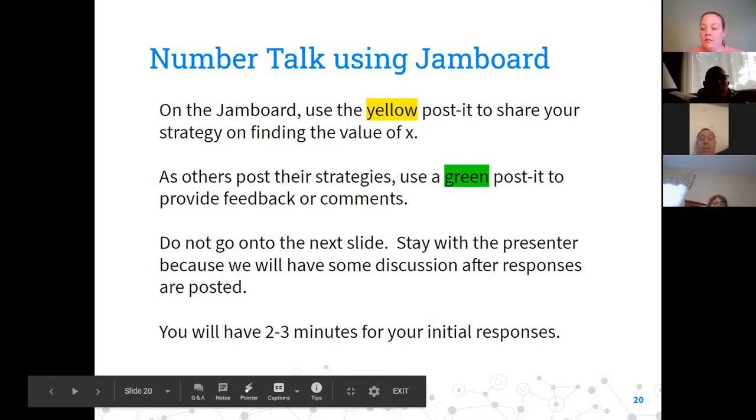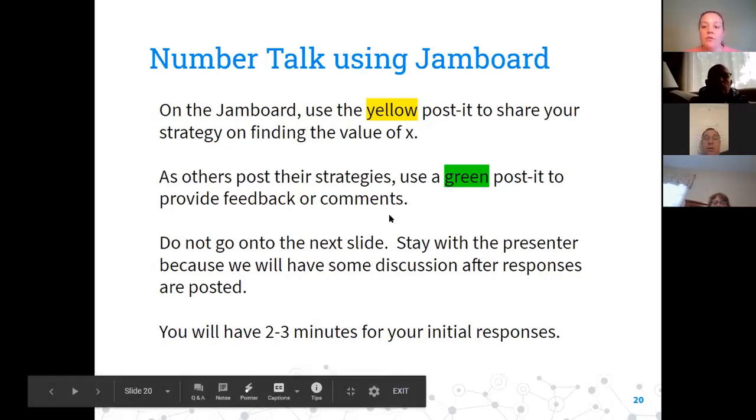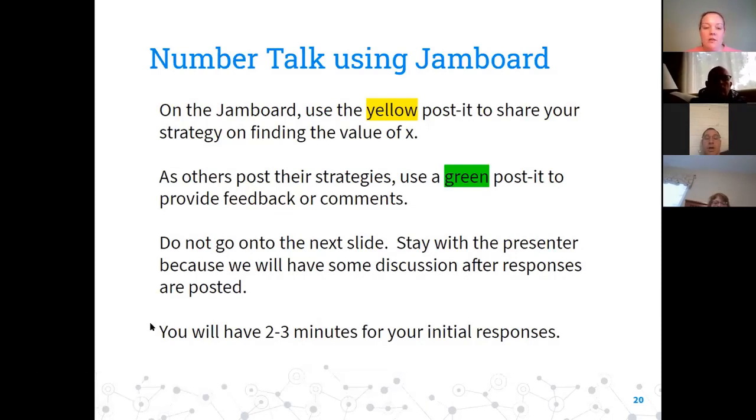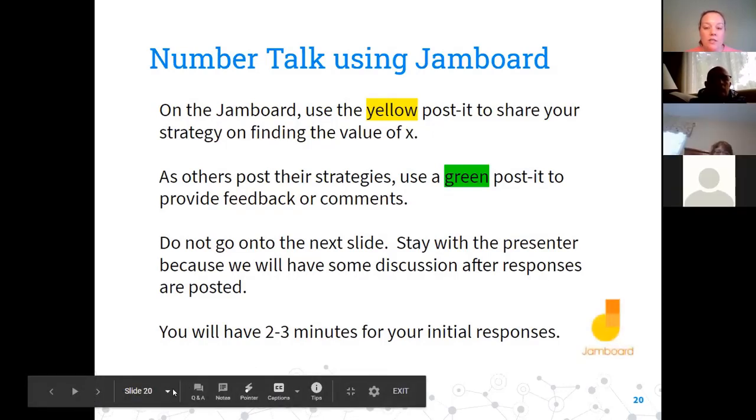Is it straightforward to find out how to find a Post-it and get the yellow Post-it? I'm going to go to the Jamboard and I'll show you on my screen before I release you. Should I be going to your slide presentation? Yep, you're going to need to be on slide 20.